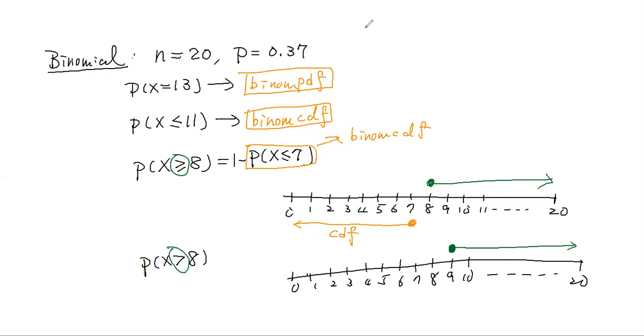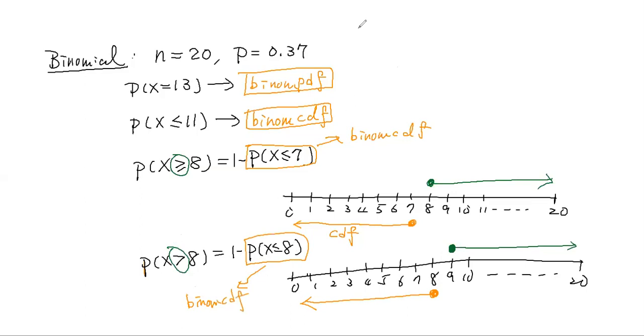So in order to use our calculator, I need to minus out all the way to here. This part you can minus out, x less than or equal to 8, and the less than or equal to 8 you can input into the binomial CDF.